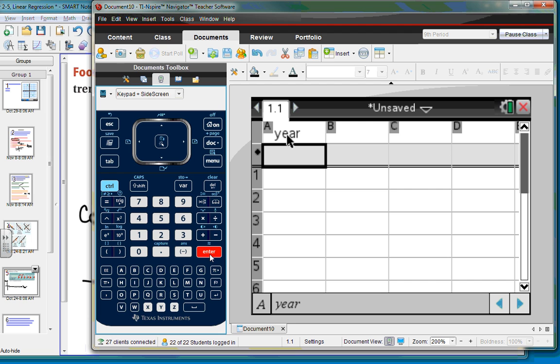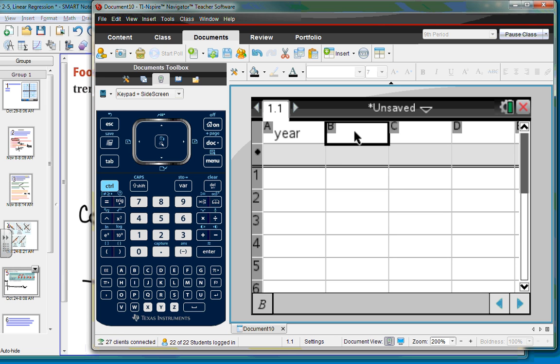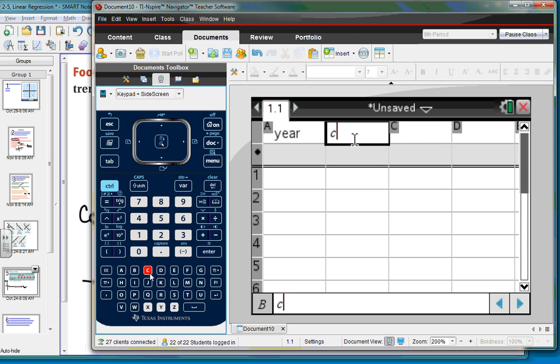Click on cell B. Self-explanatory. Now what do I do with that? Right. Cost. That needs to be the cost, because that's what represents my lovely little Y values. Then I'll check your partner, make sure your partner has exactly what you have and what I have. If they're not, help them out.